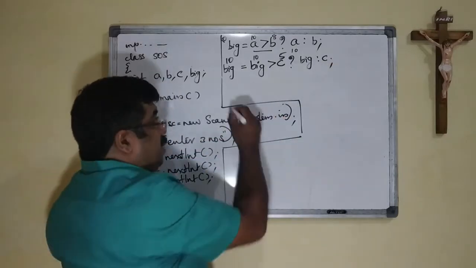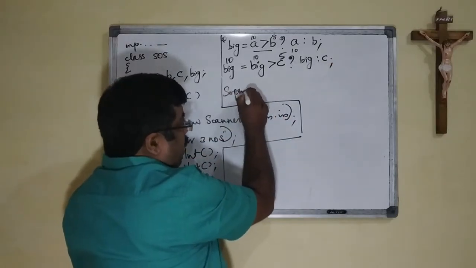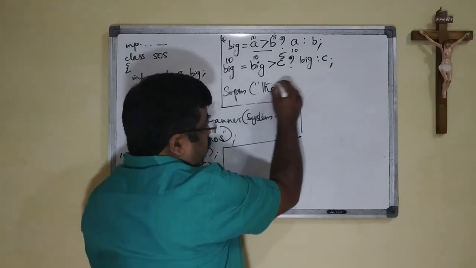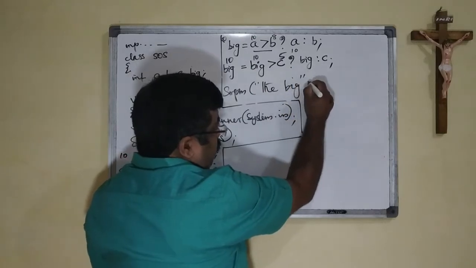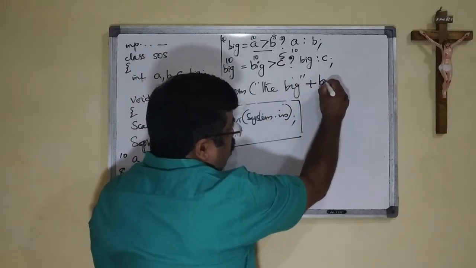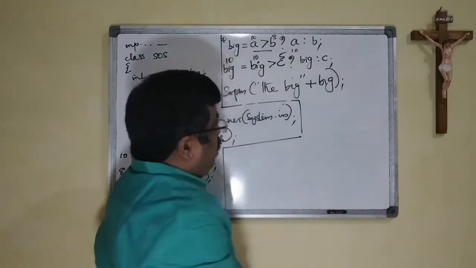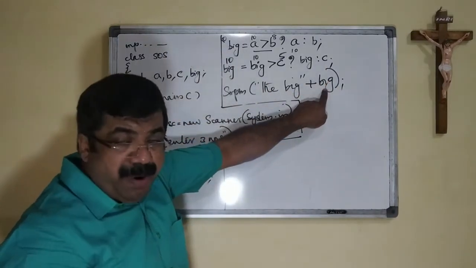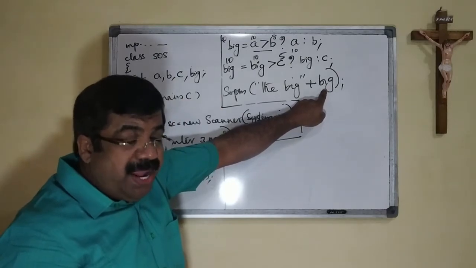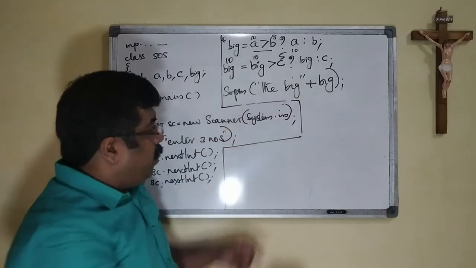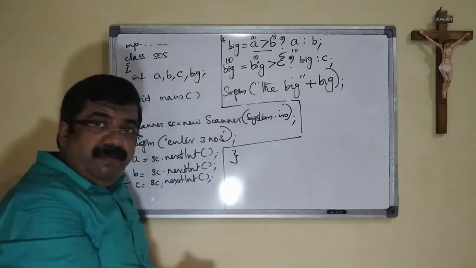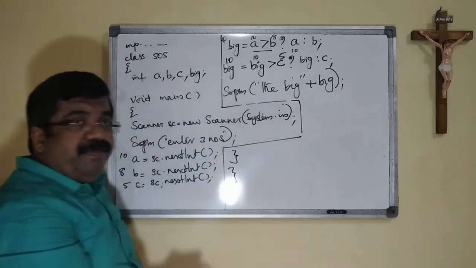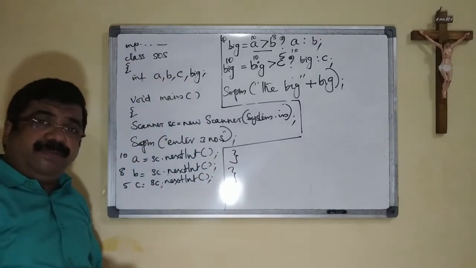Now let us display it. SOPLN, the big is with the value of big. Along with this message, the contents of the variable big will be displayed there. We are closing the main and closing the class.